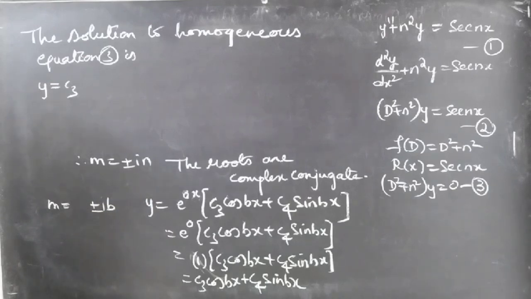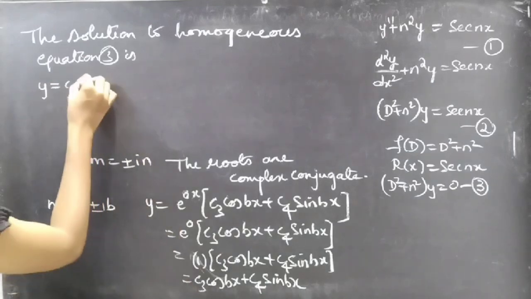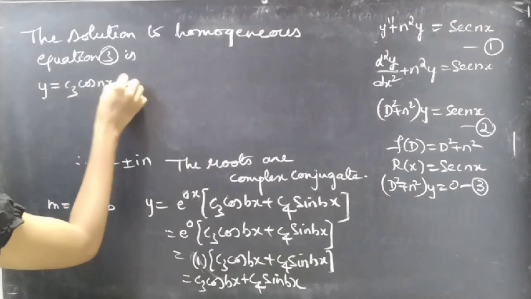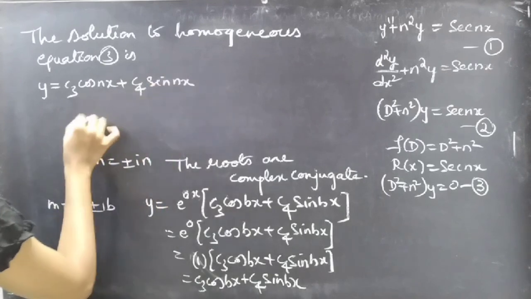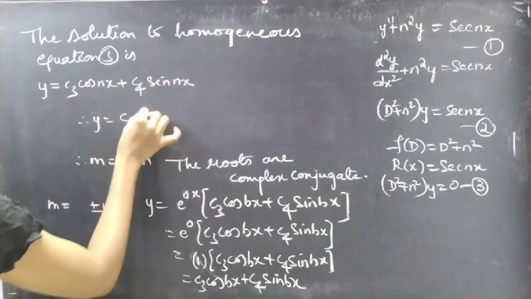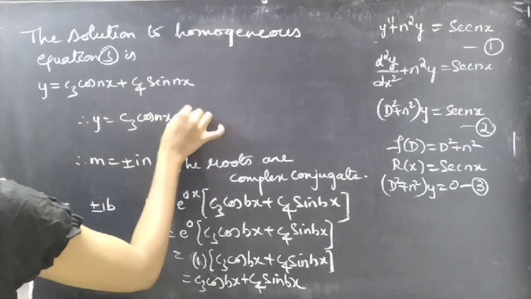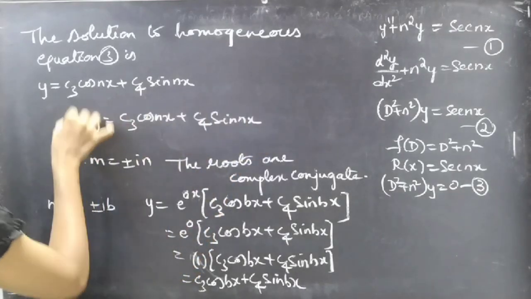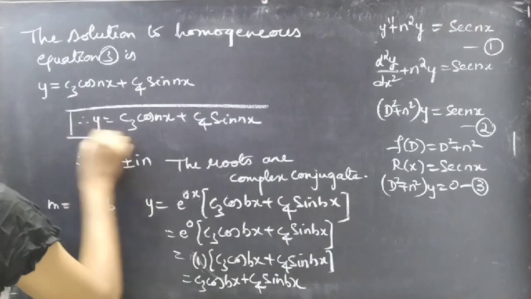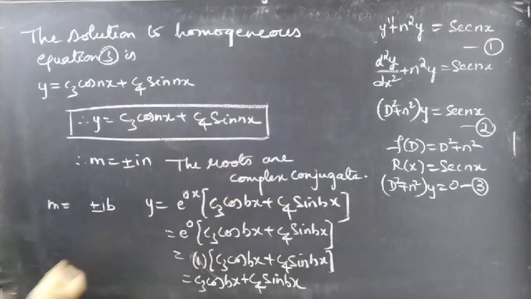Then for b equal to n, we'll have C3 cos nx plus C4 sin nx. Therefore, y equal to C3 cos nx plus C4 sin nx is the solution to equation 3. We have taken C3, C4 instead of C1 and C2 because we want C1 and C2 to appear in the last general solution to our problem. Okay.